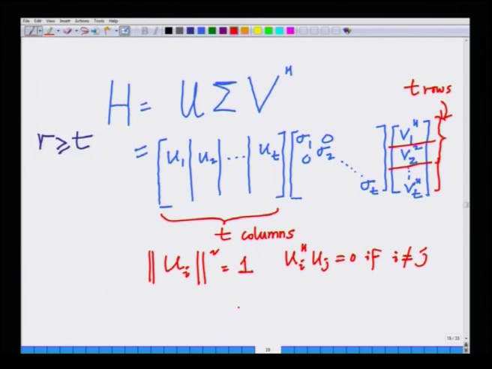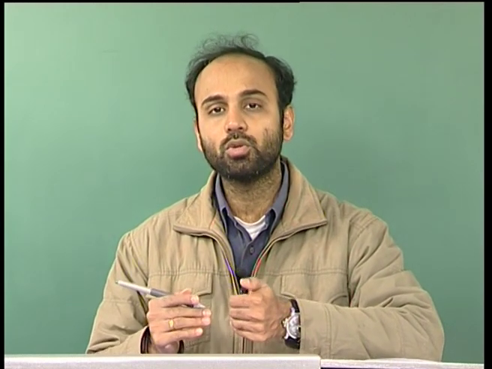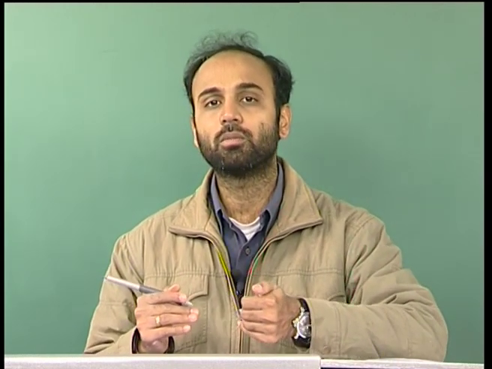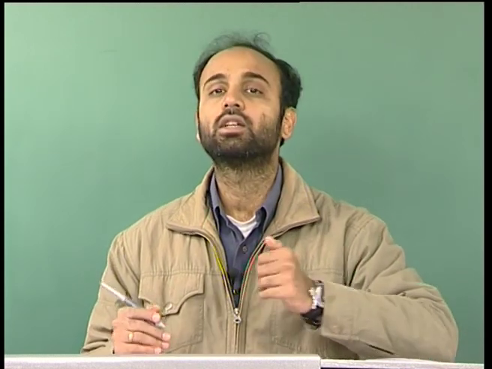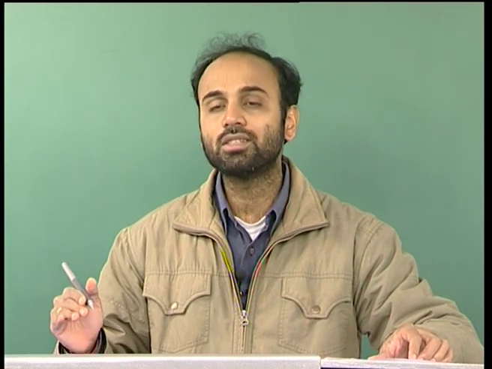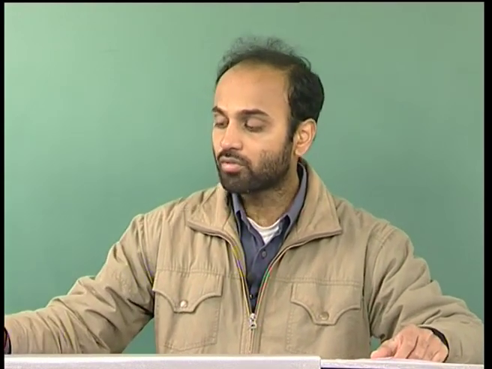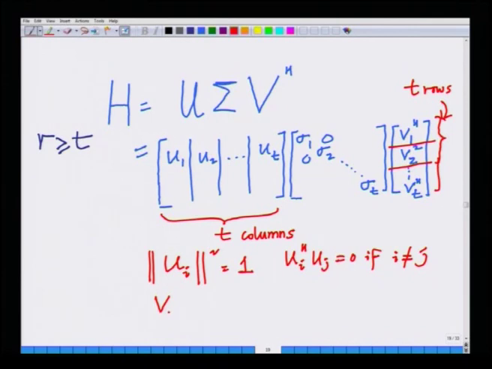That is, the norm of each column is 1, and the dot product between different columns, that is u1 Hermitian u2, u1 Hermitian u3, u2 Hermitian u3, and so on, are 0. They are orthogonal and unit norm, and these are known as orthonormal columns. Similarly, for the rows of the matrix V, we say norm of vi squared equals 1, vi Hermitian vj equals 0 if i not equals j.